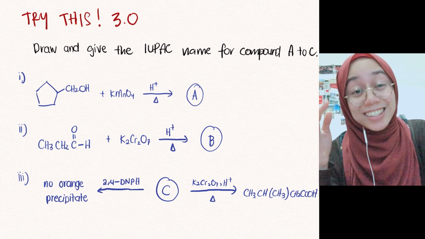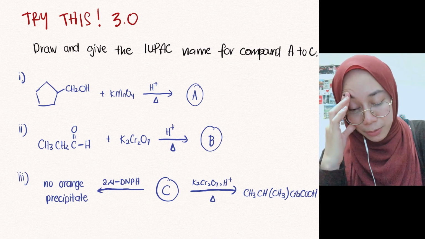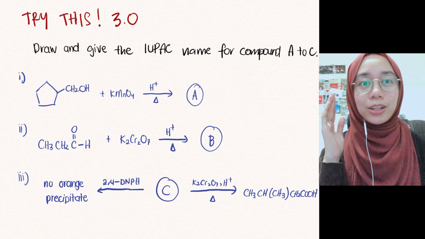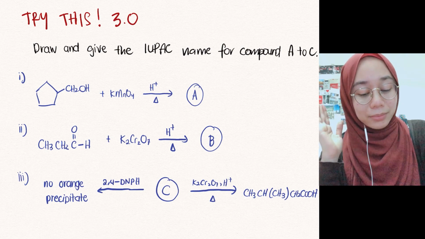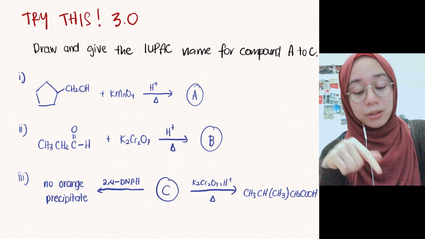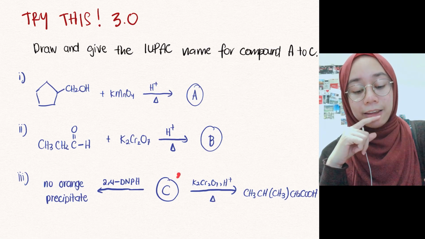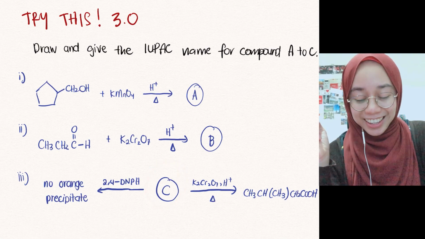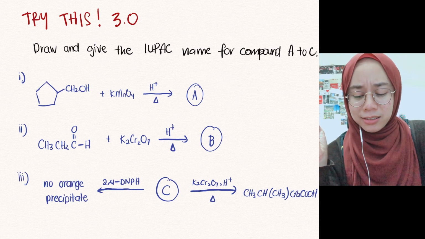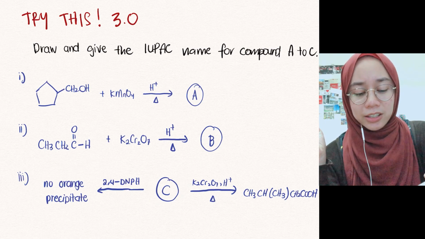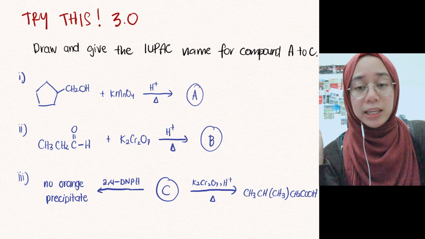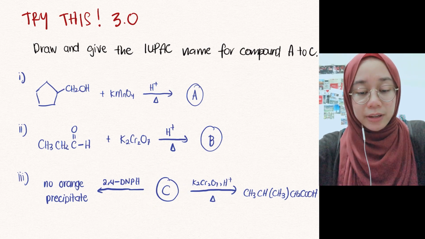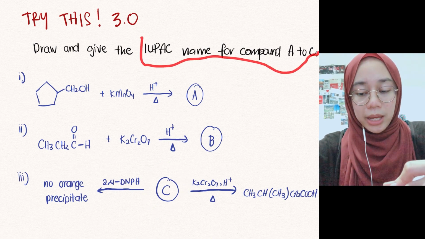You need to analyze the question first for you to be able to identify what C is. Okay. Then find C, and don't forget to give the name too. Okay, give the IUPAC name for compound A to C as well.